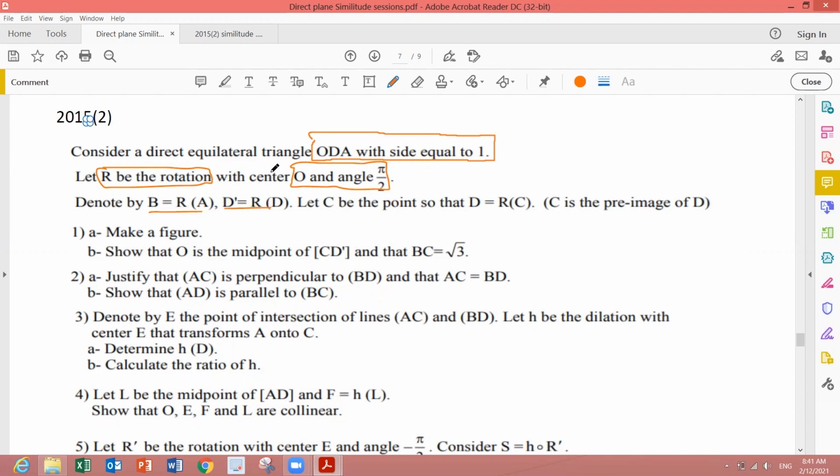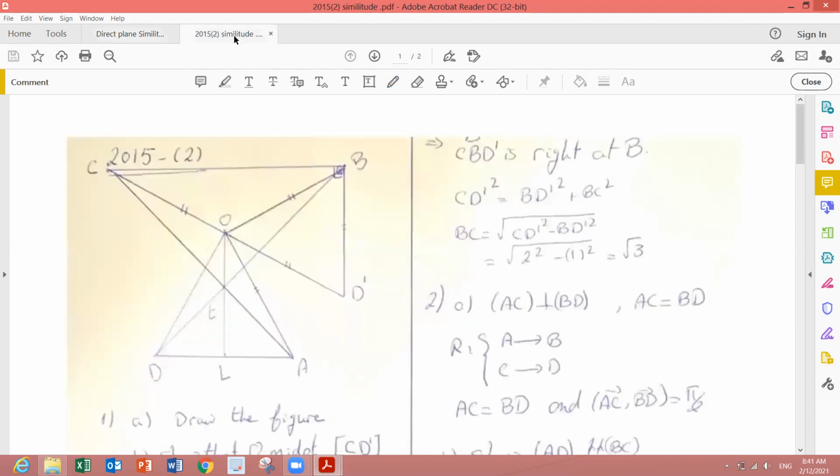Okay, let's draw the figure. We have a direct equilateral triangle ODA. Are you drawing, Haikaz? Yes.